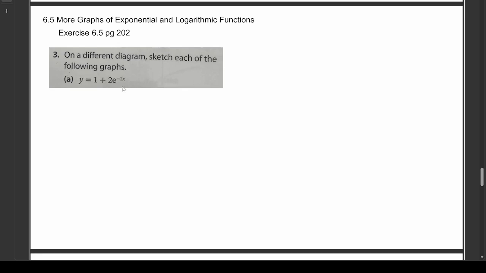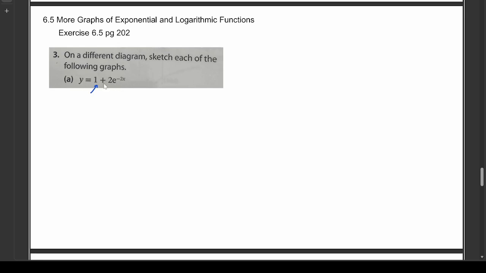Okay, now first of all, for an exponential graph, you will always have a horizontal asymptote. You will not have a vertical asymptote. So it's a horizontal asymptote, and the horizontal asymptote is whatever constant or number is in the equation.